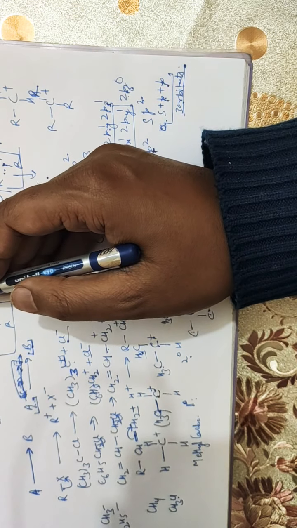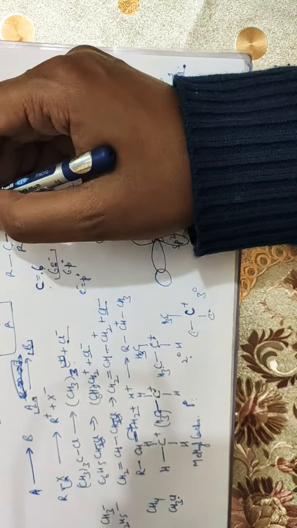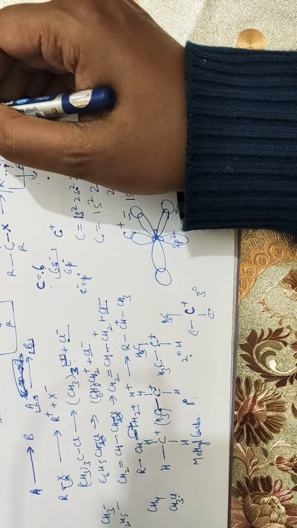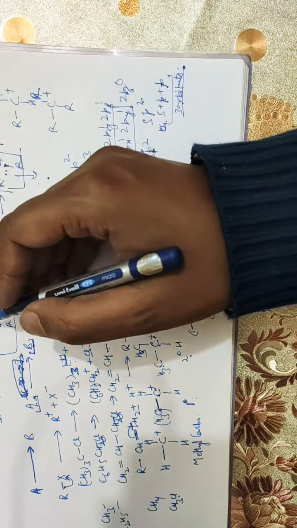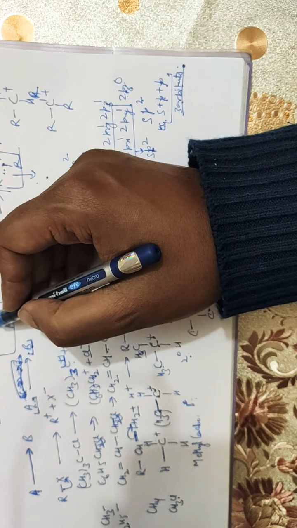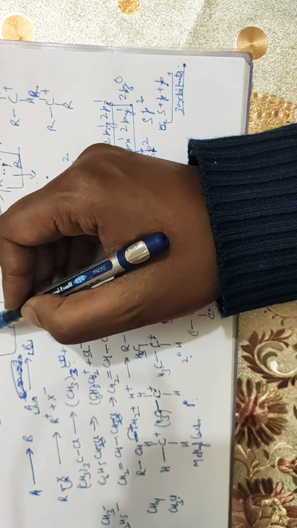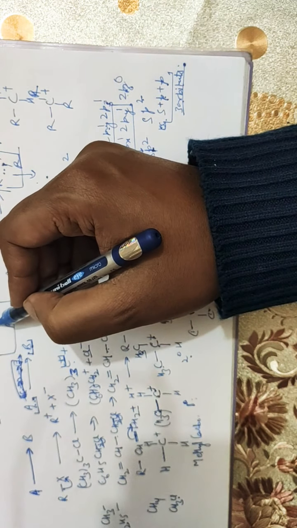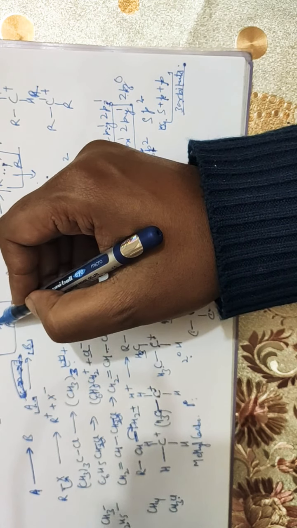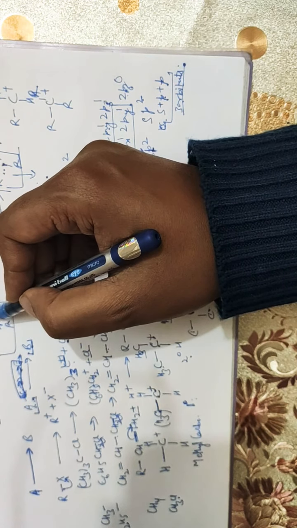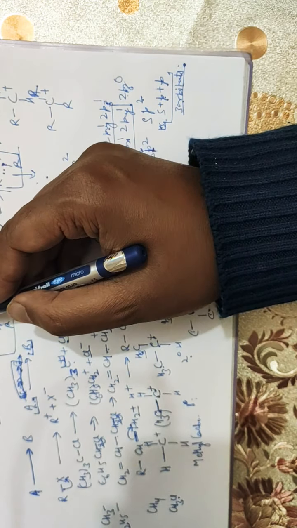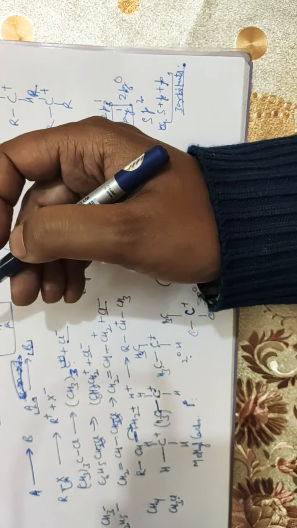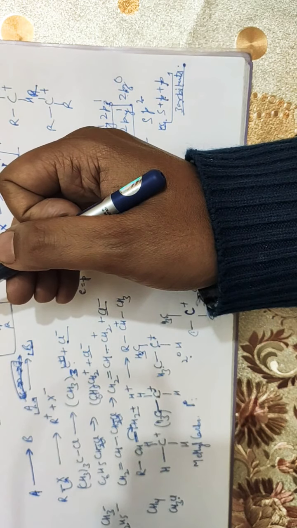Carbocation is always electron deficient. Why? Because it has a positive charge, so it always tries to satisfy itself by getting some electrons from somewhere. A group which is electron releasing in nature will satisfy its thirst for electrons and will stabilize it, because it is an electron deficient compound with only 6 electrons, so it will try to gain 2 more electrons or a negative charge as much as possible.